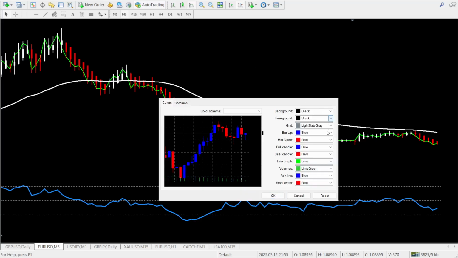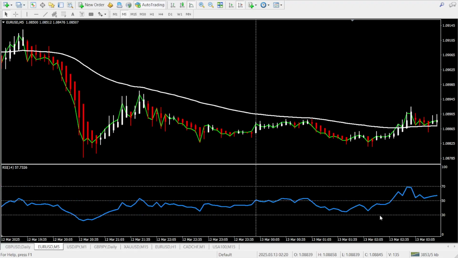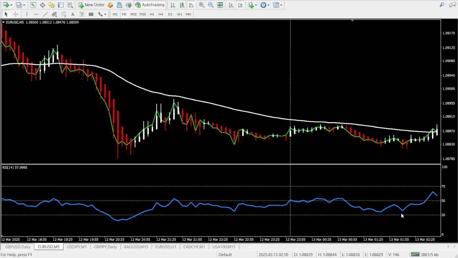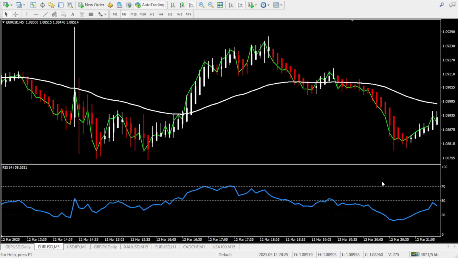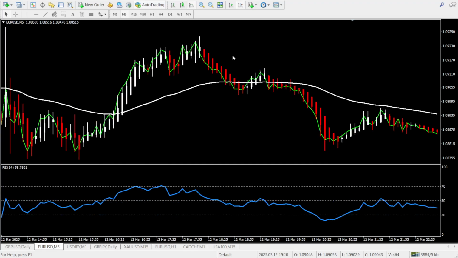Okay, so you can see that the line at the top represents the overbought territory, while the line at the bottom represents the oversold territory. So if RSI crosses above 70 while the Heikin Ashi shows strong white candles, a reversal could be coming. Like in this example, we can see shortly afterward we had a decline, right?